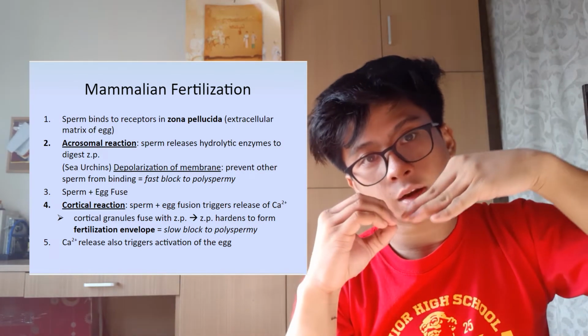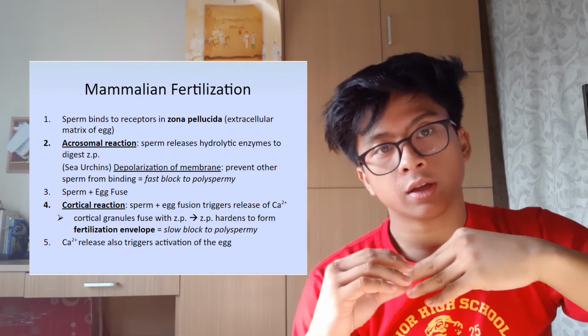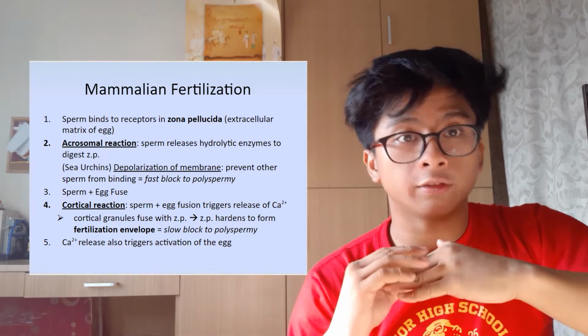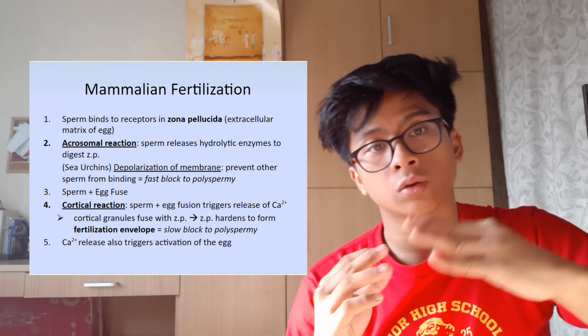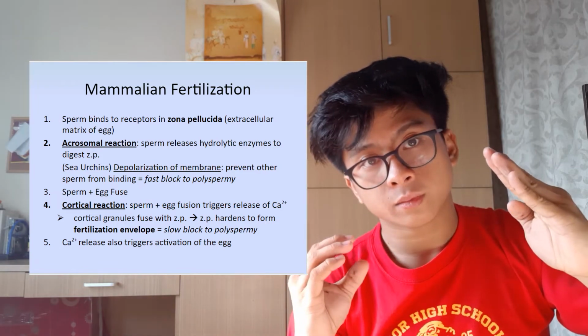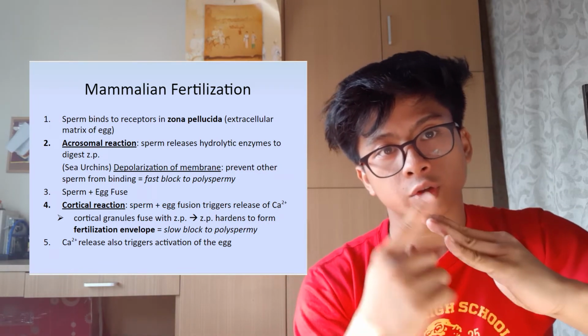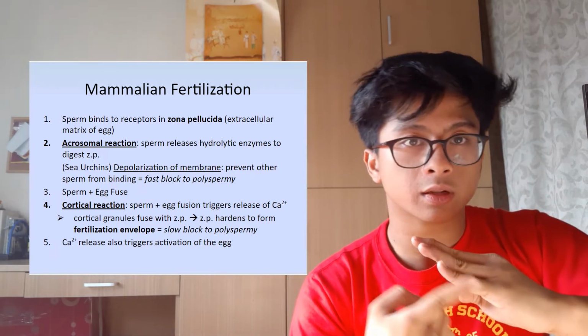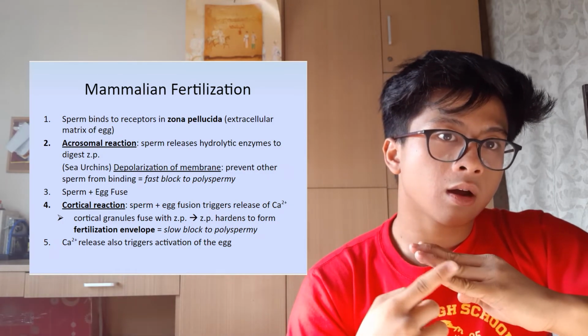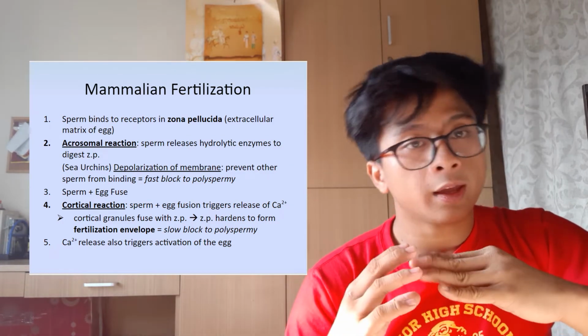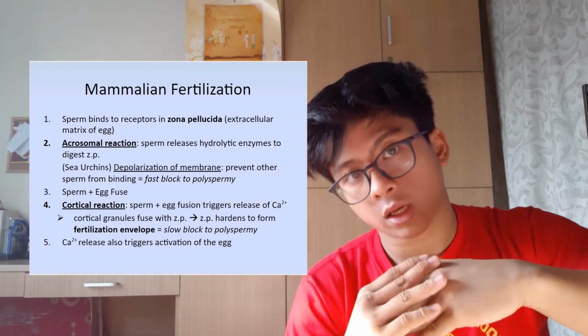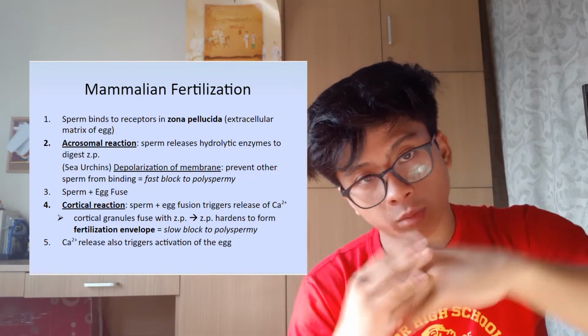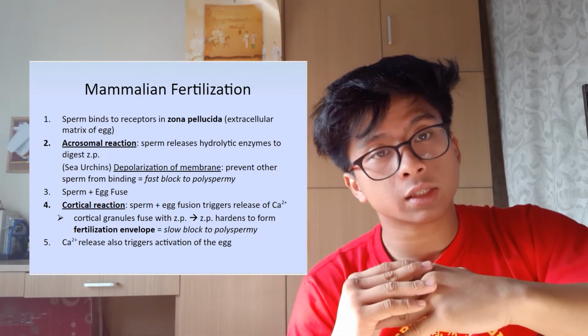It must first penetrate the zona pellucida in order to get to the inner membrane and fuse with the egg cell. So, acrosomal reaction: the head of the sperm cell releases a digestive enzyme and penetrates the zona pellucida and finally fuses with the egg cell.